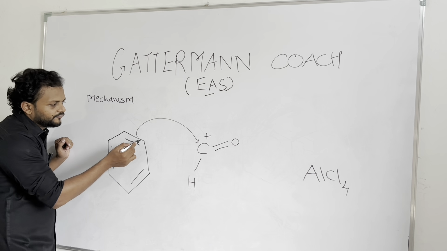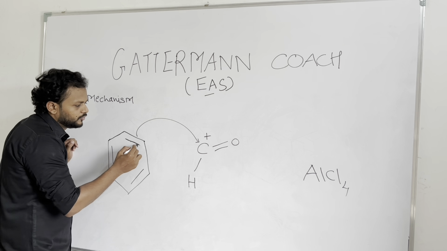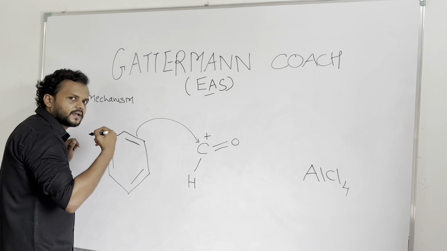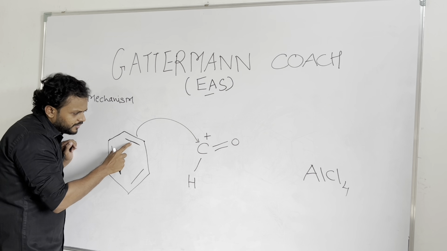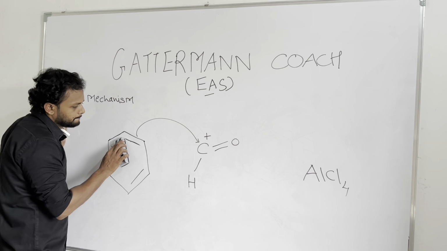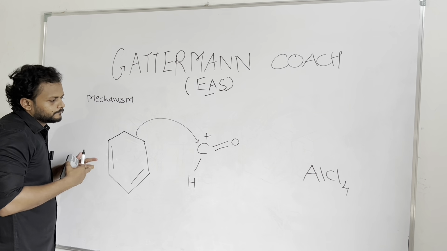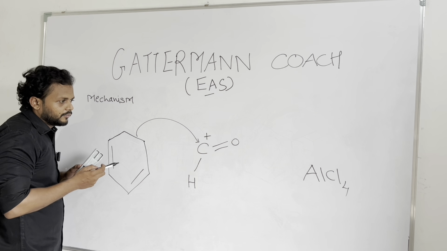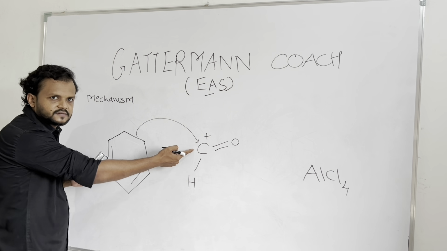One of the carbons from this is going to use that and will attack and make a new bond, and this bond is going outside from the ring and will form a new bond with this carbon.